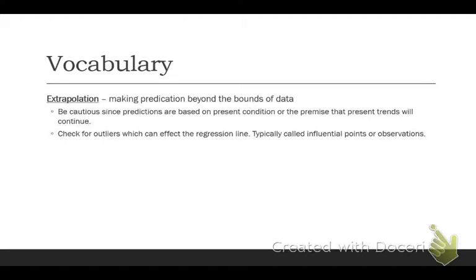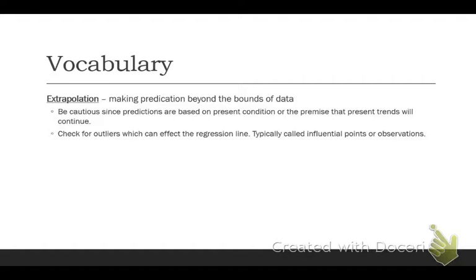The other thing you need to know, and it's not really related to extrapolation, it's just in general, is that you should always, when you're doing stuff like this, check for outliers. Because remember, our correlation coefficient and all of our points really are very sensitive to outliers, and it will affect our regression line in one way or another.